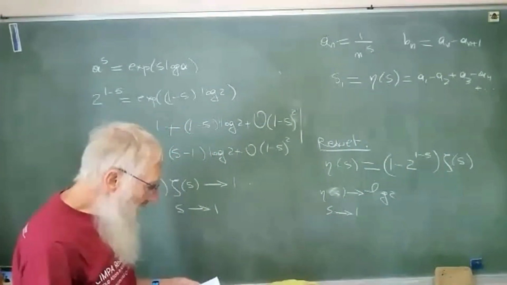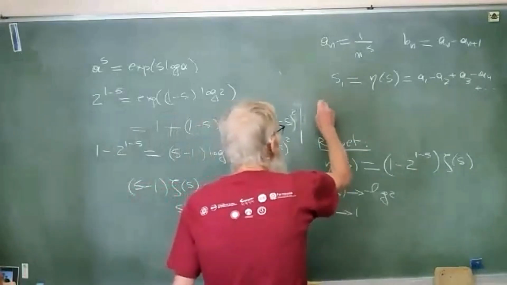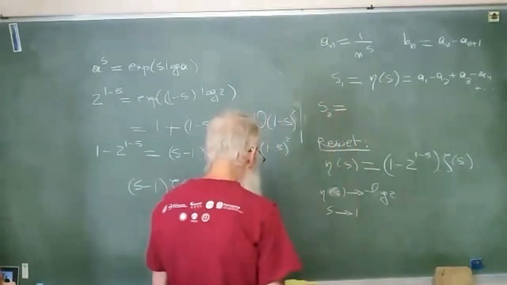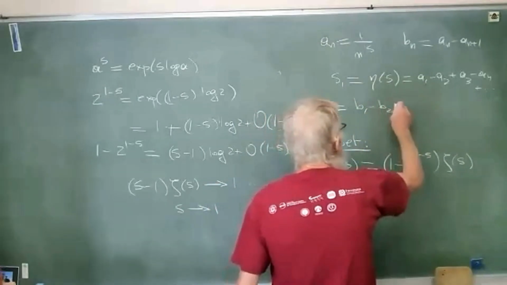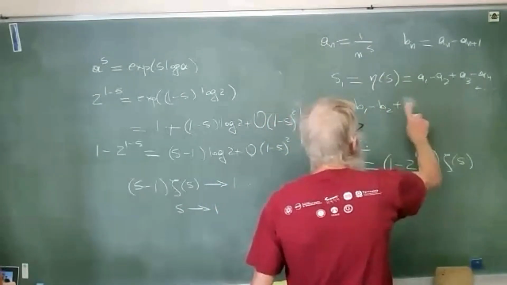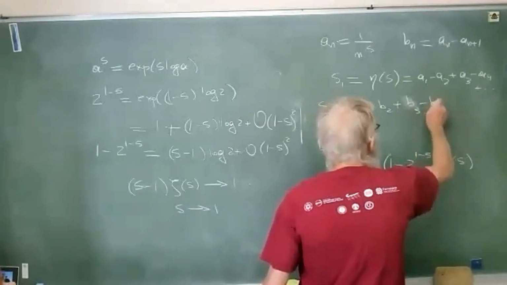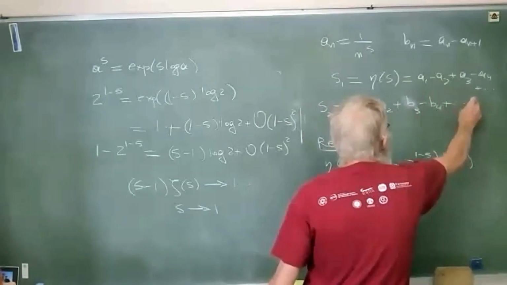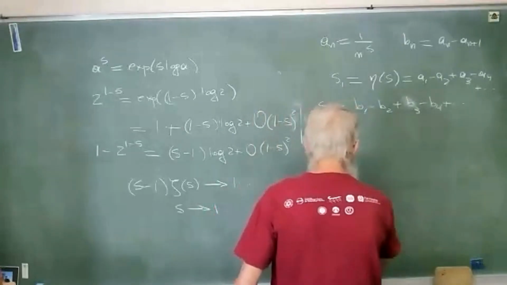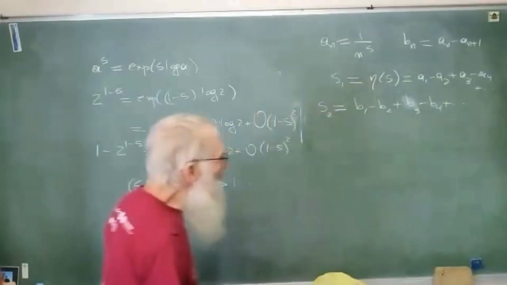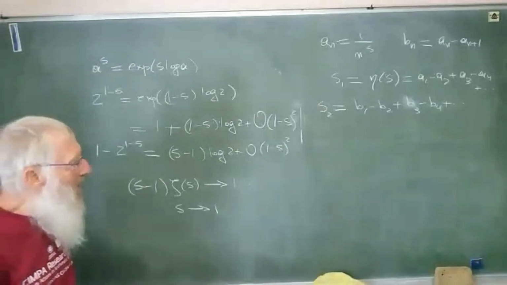And now we compare that with the second sum, S2, which is B1 minus B2 plus B3 minus B4, and so on. A rather nice method of accelerating the convergence.